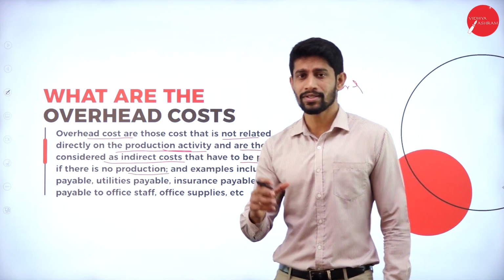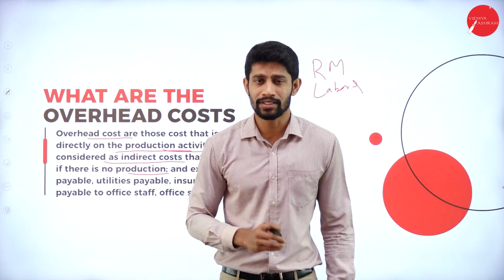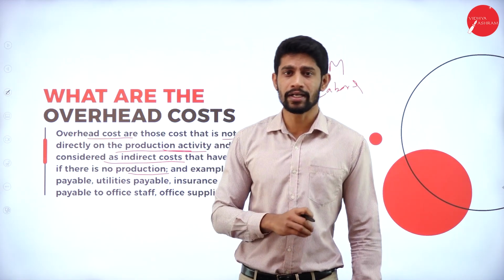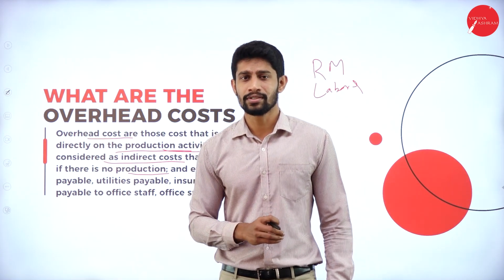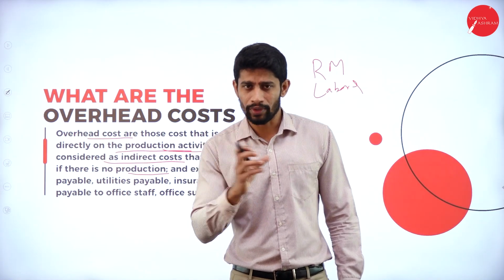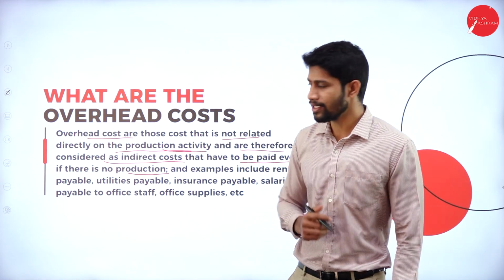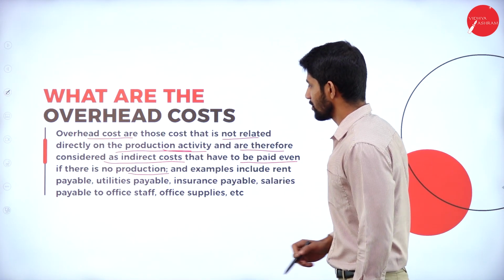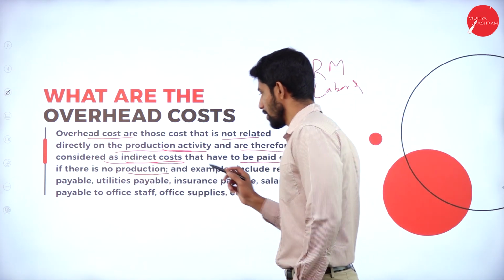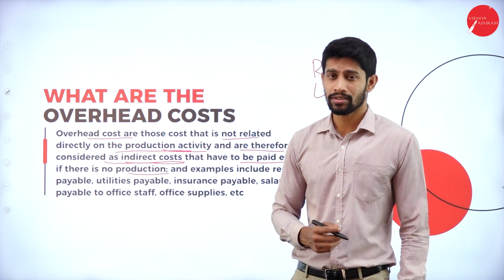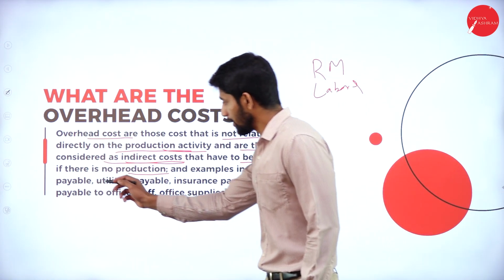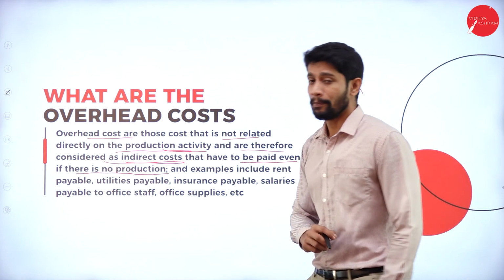Yes, overheads are not direct expenditures, as they are not directly related to the productional activities. Therefore, those overheads or expenditures are considered indirect cost that has to be paid even if there is no production.